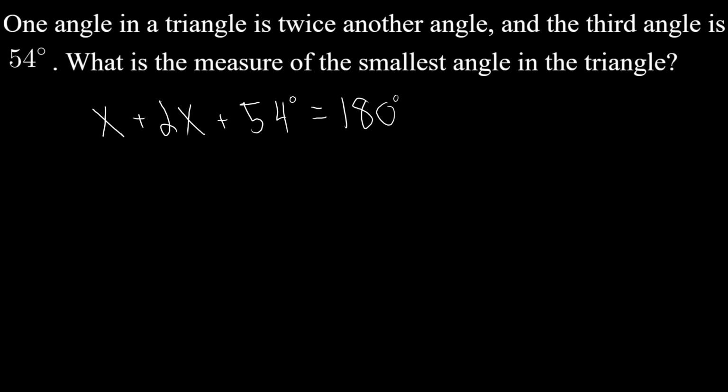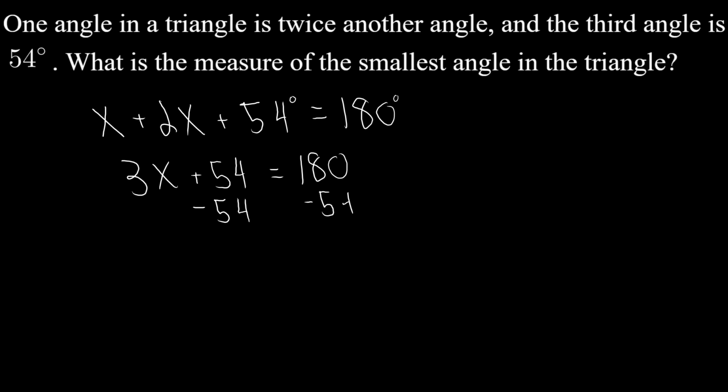Combine like terms, x plus 2x is 3x. We have our 54 degree angle left over, and that's equal to 180. So subtract 54 on both sides of the equation to help get x by itself. We have 3x is equal to 180 minus 54.